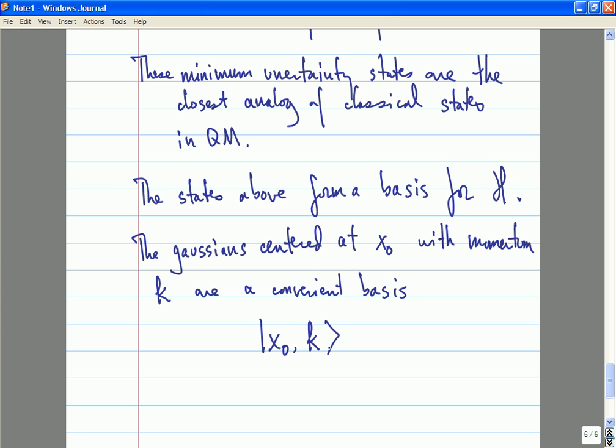It's important to remember here that this is not a state which is a simultaneous eigenstate of x and p. Okay. So there's no rule that says that you have to take as your basis the simultaneous eigenstates of some operator. For some other problems, it might be useful to take another basis of states. And so this is a basis that one could consider.